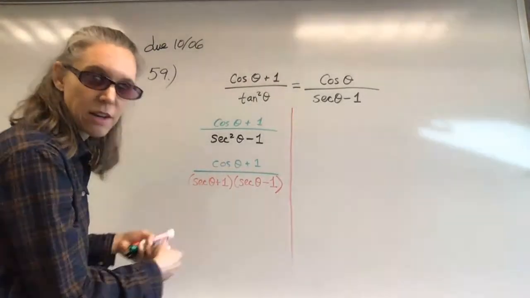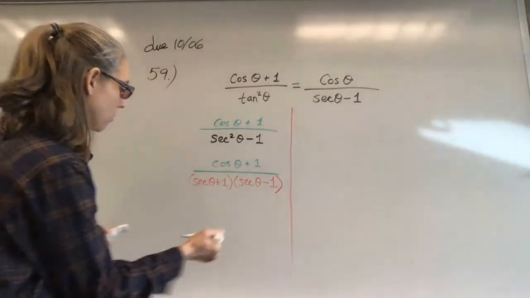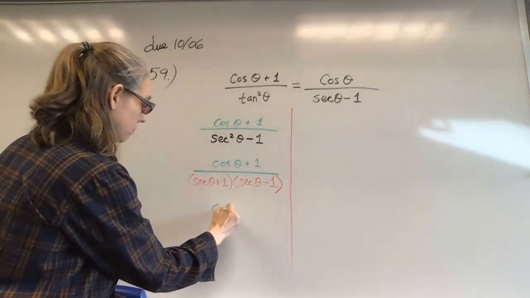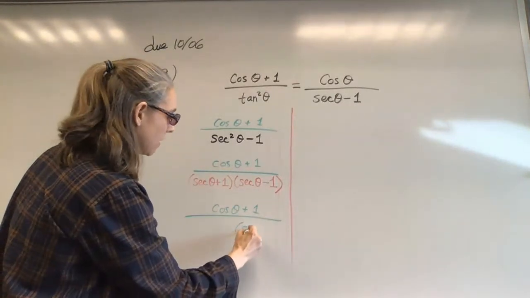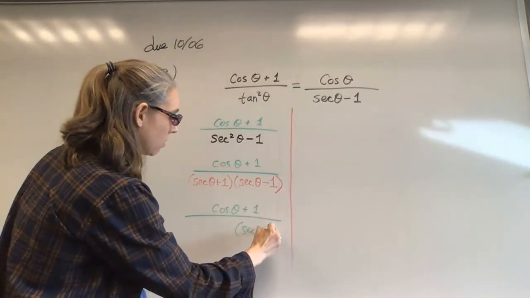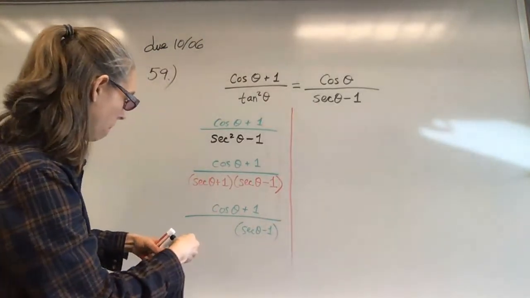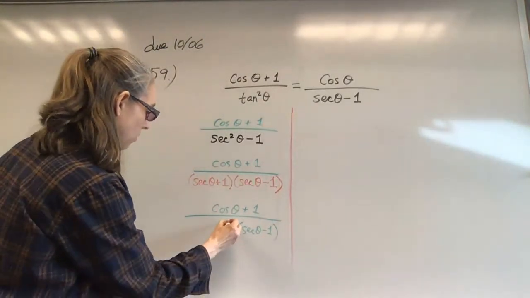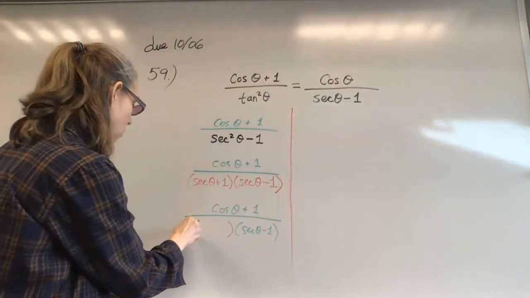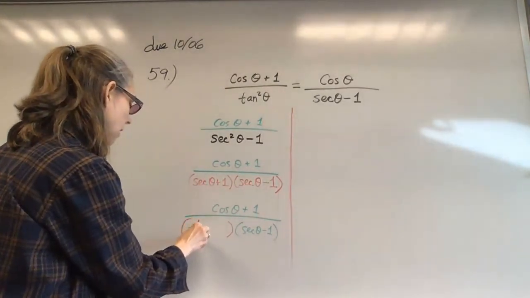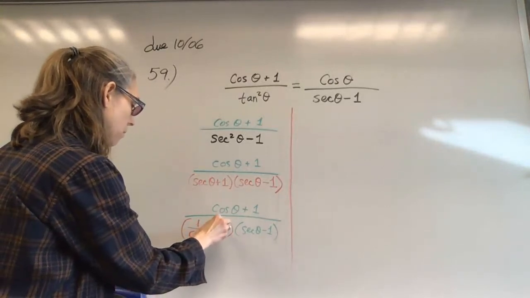That was just my thought experiment to see if I was going in the right direction. So I want to leave the secant theta minus 1 intact, and then I want to transform this secant only to 1 over cosine theta plus 1.